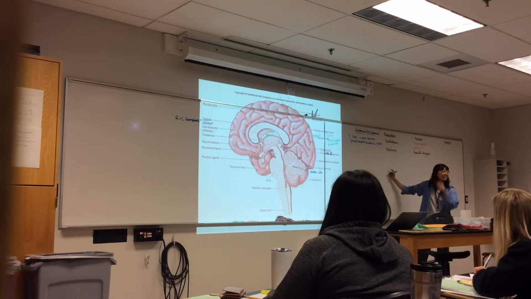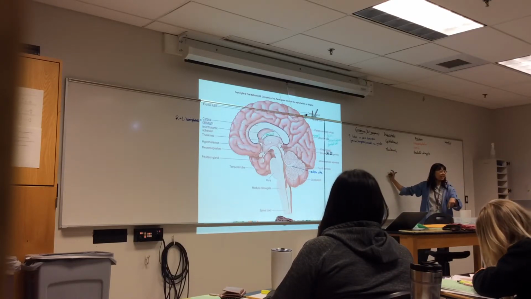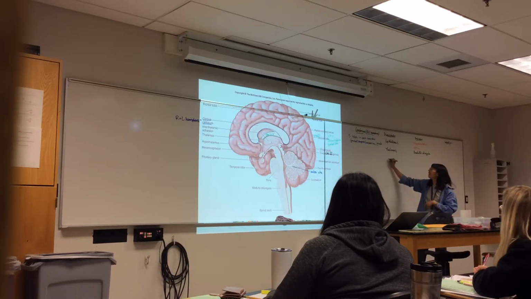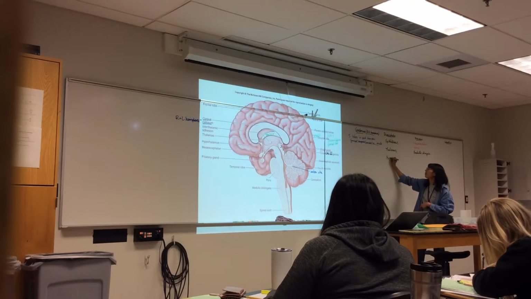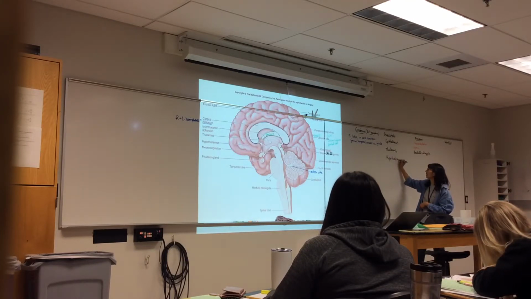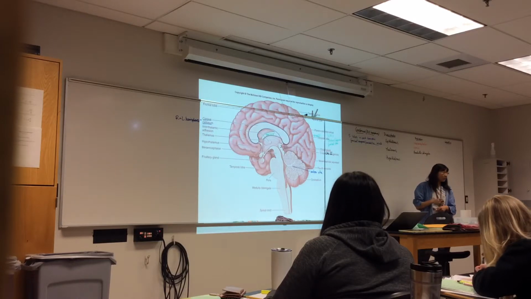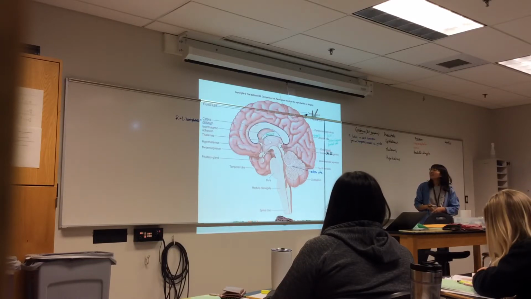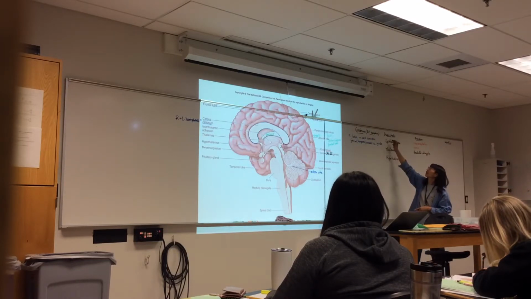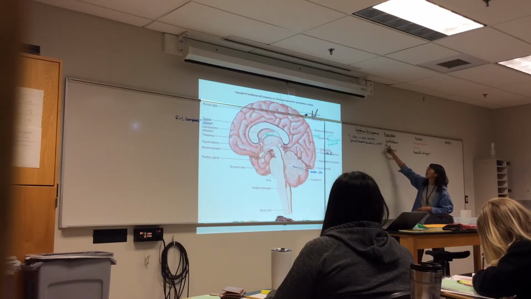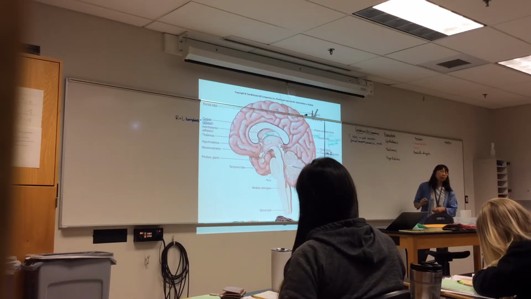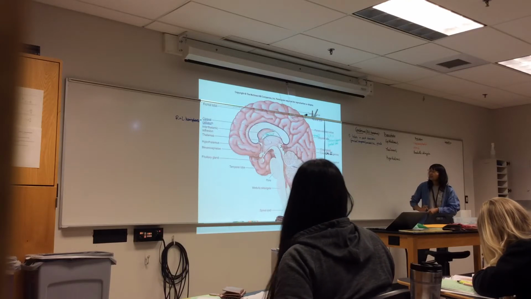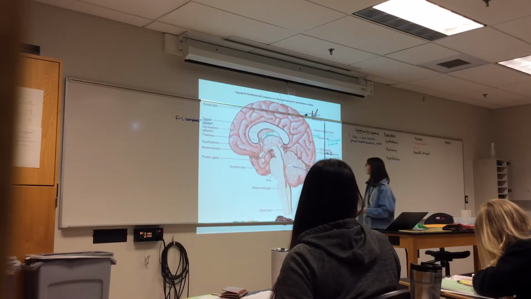Epi is above. What's below? Hypo. Have you heard of hypothalamus? Yeah, just last week, right? So that part of the diencephalon: epithalamus and hypothalamus.